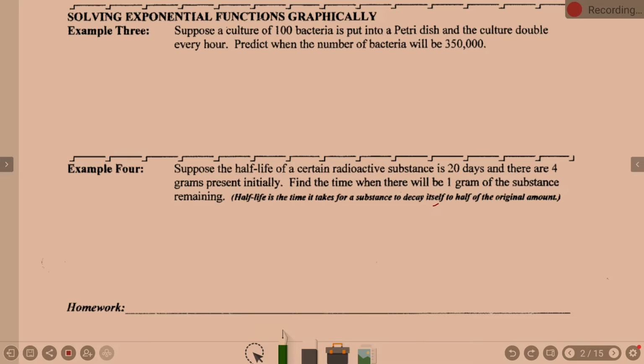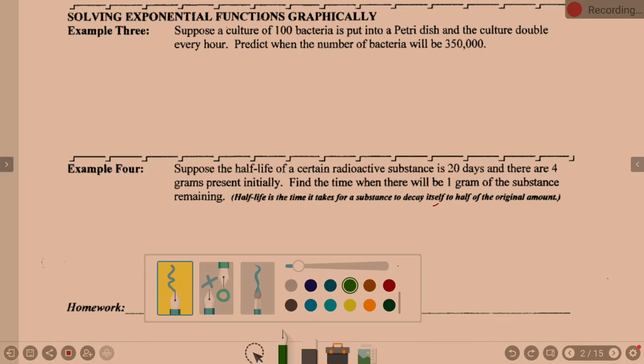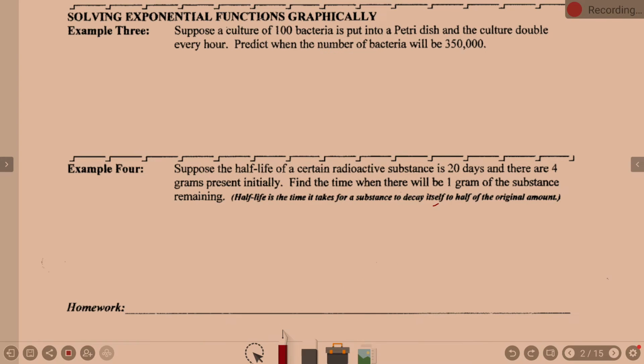Now, let's see. I'm going to take us step by step here, and we're going to develop this equation. I want you to think about it. So let's talk about what happens after 1 hour. Maybe 200. Okay, it doubles. It's 200, yes?